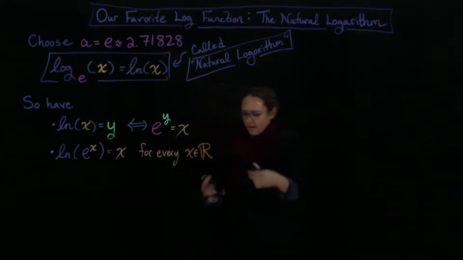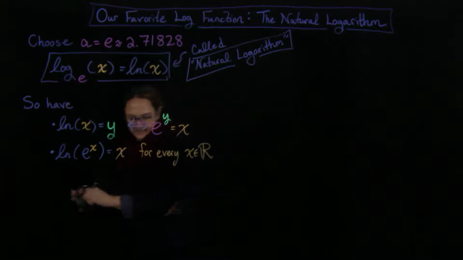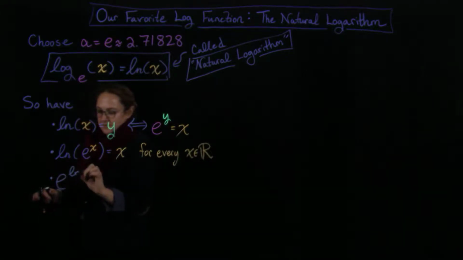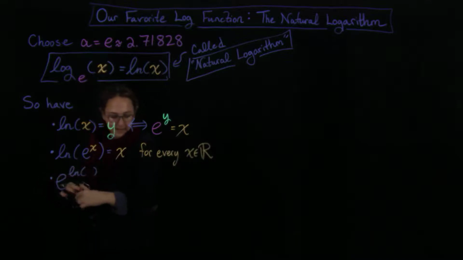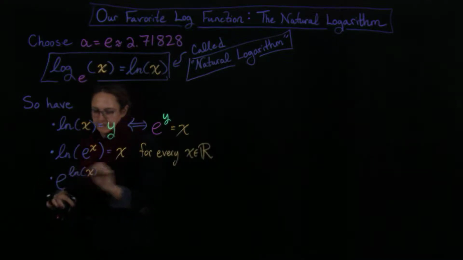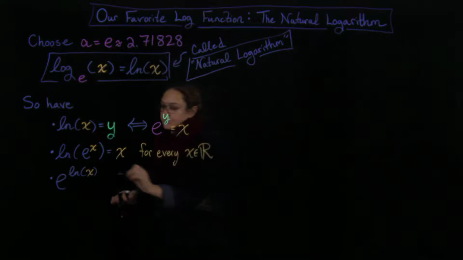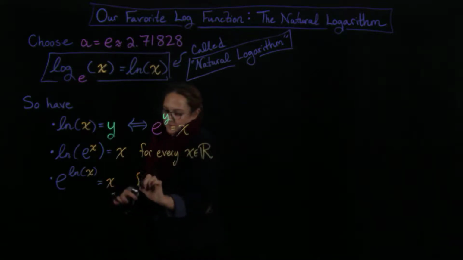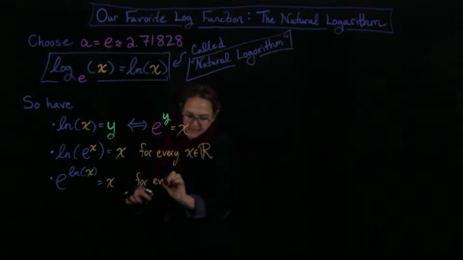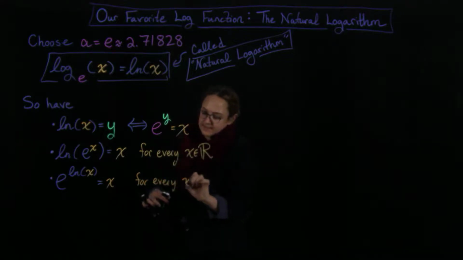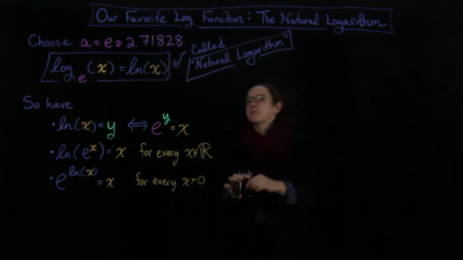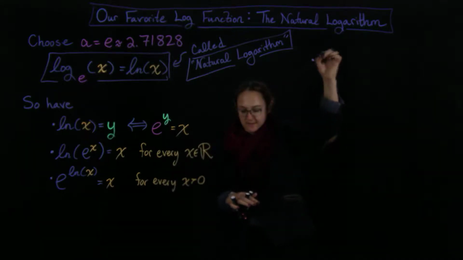The next thing is that if I take e to the natural log of x, again because these are inverse functions, this is going to equal x, for x greater than 0, because of this picture. This brings up what the graph has to look like.